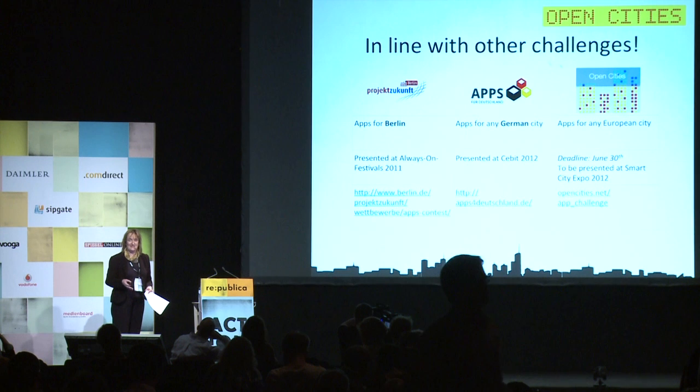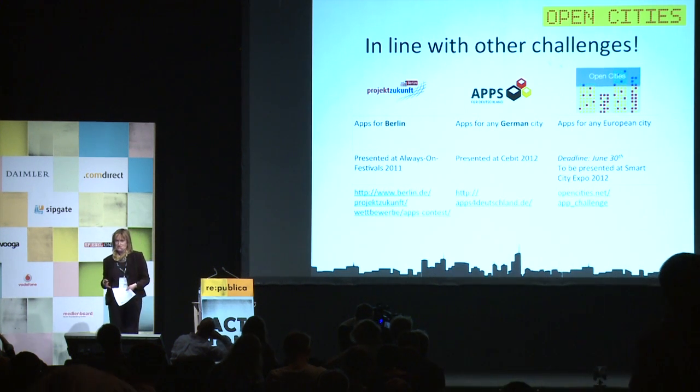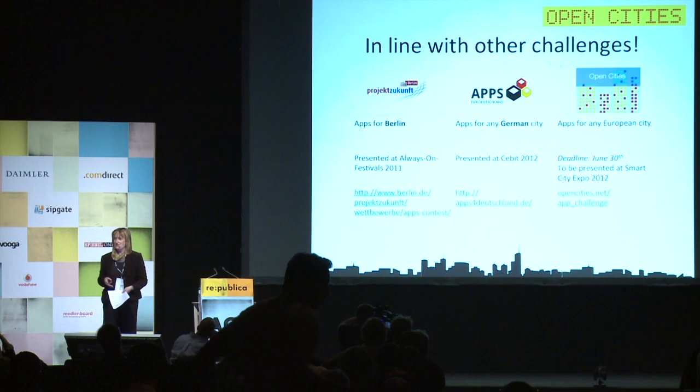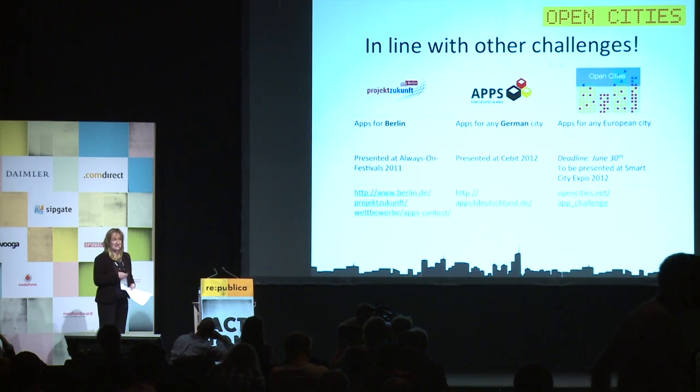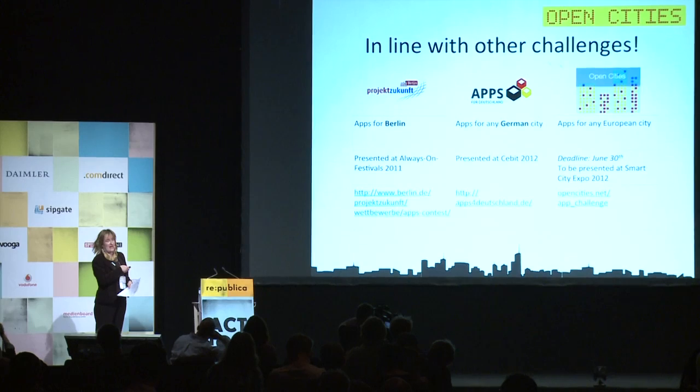I am here in Berlin and have the pleasure to introduce this challenge to you. I'm of course also proud that this is in line with other challenges we had from Berlin and Germany. We started already in 2011 with an Apps for Berlin competition, which had the finalists at the Always On Festival.